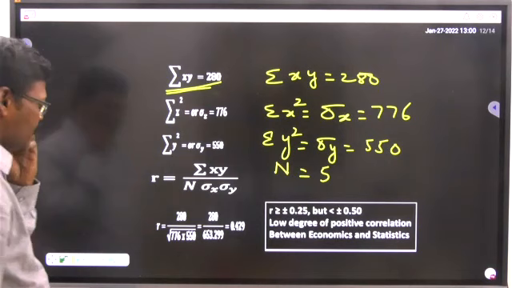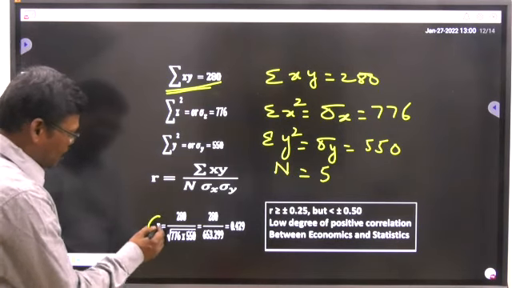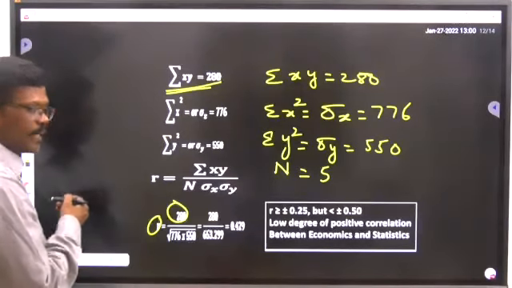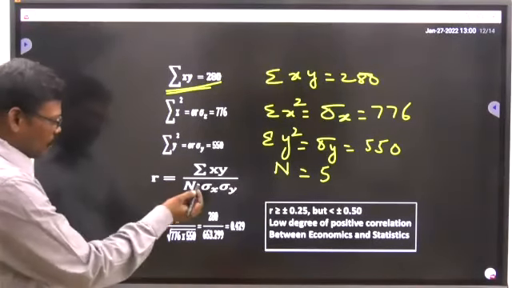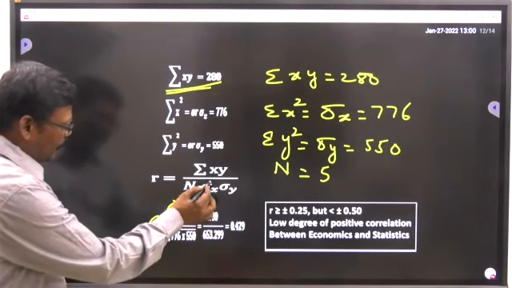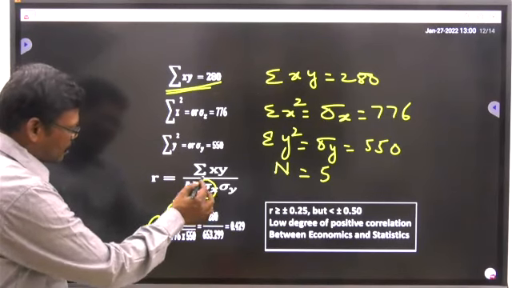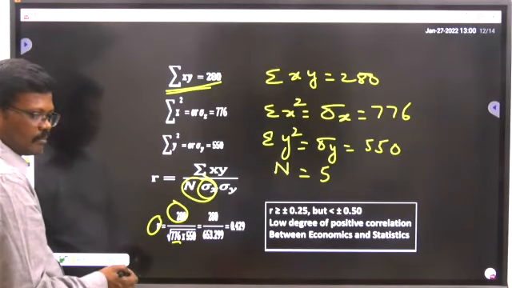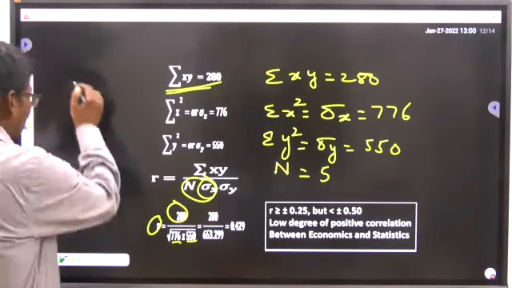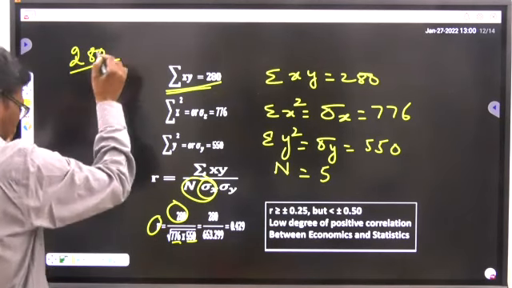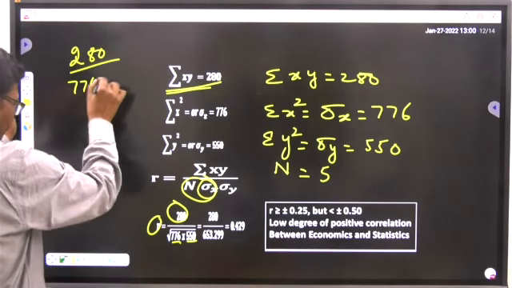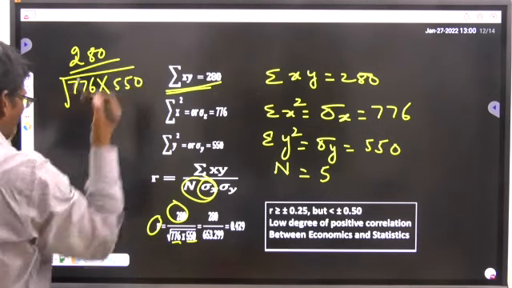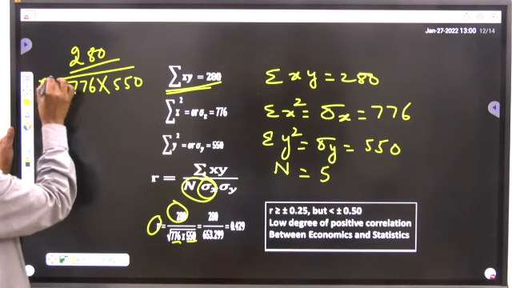So if we observe, r is equal to 280 divided by the square root of 776 into 550.